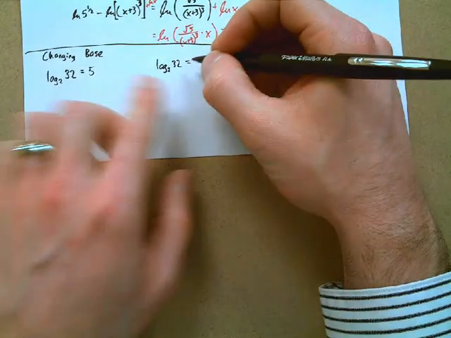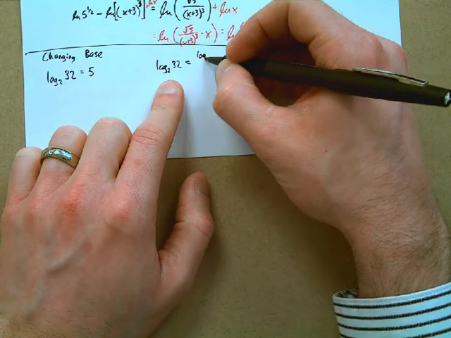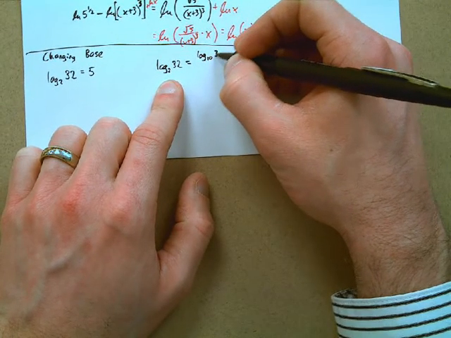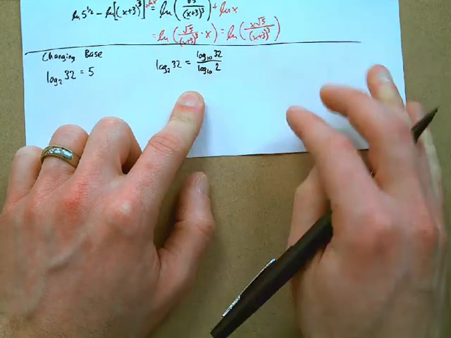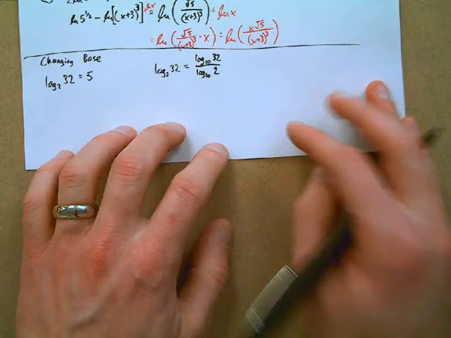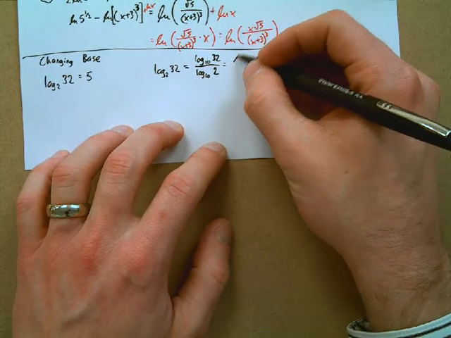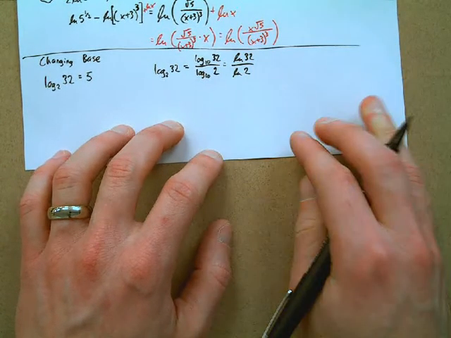Or, it's the same as the natural log of 32 over the natural log of 2. Or, it's the same thing as log base A of 32 over log base A of 2, where A is whatever number you want it to be, really.